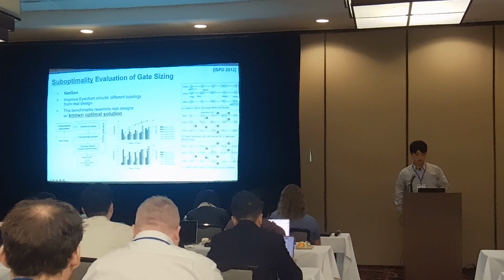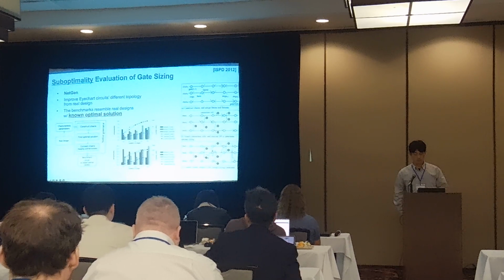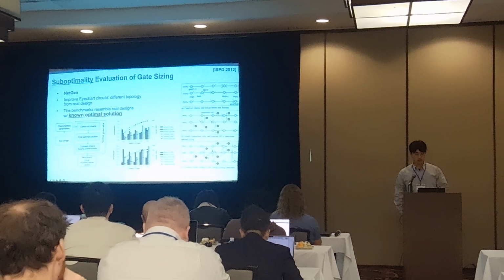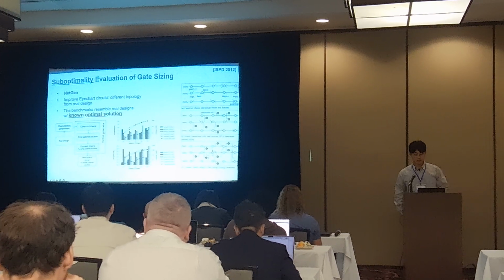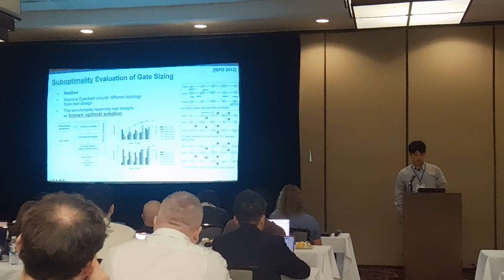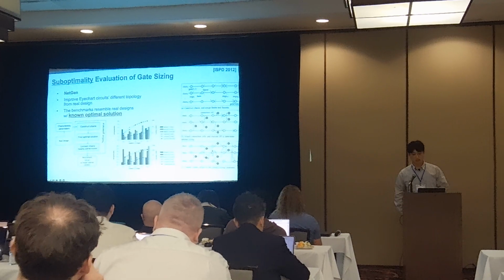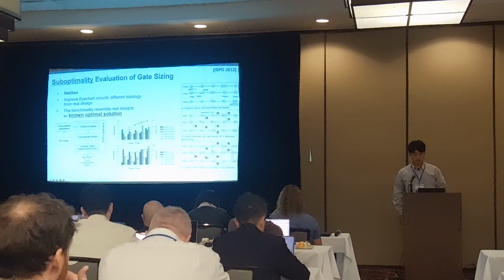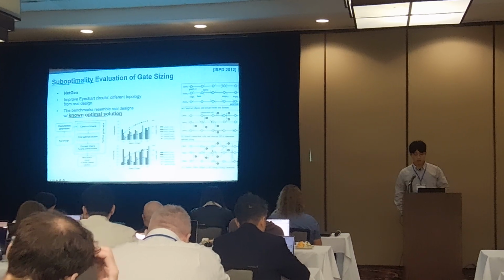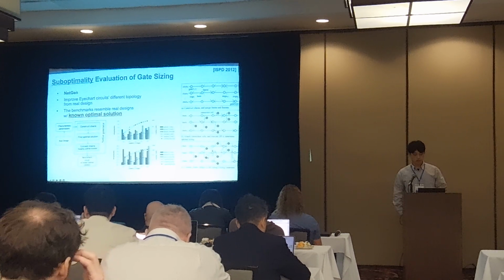Professor Kang proposed benchmark circuits with known optimal solutions for gate sizing. The proposed benchmarks resemble real designs in terms of gate count, path depth, length parameter, and depth degree. With realistic benchmarks, they have evaluated the suboptimality of standard gate sizing approaches.